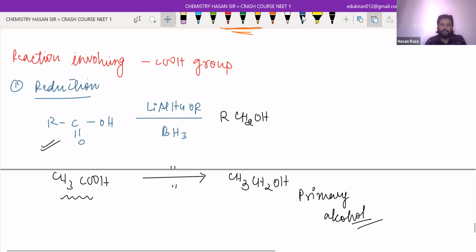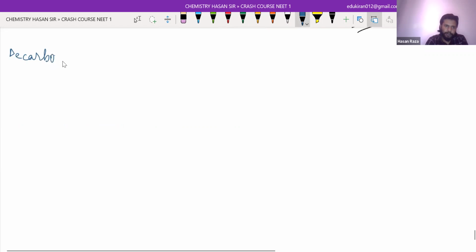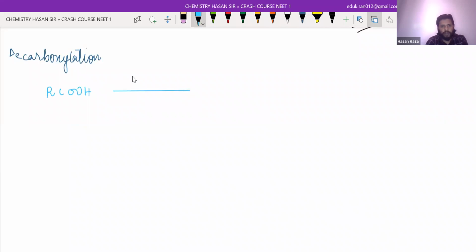Now the next is decarboxylation that we have already studied in the previous classes. Decarboxylation means you are going to treat this carboxylic acid with soda lime.